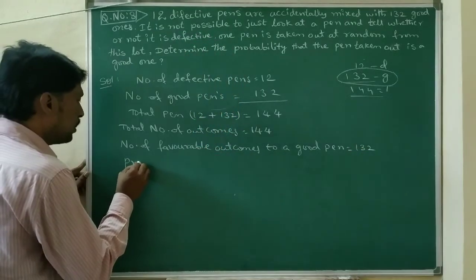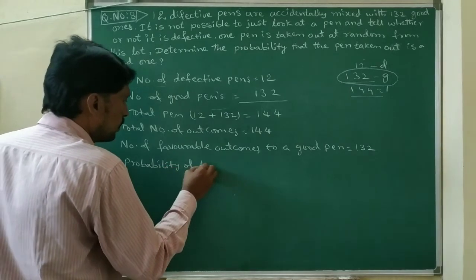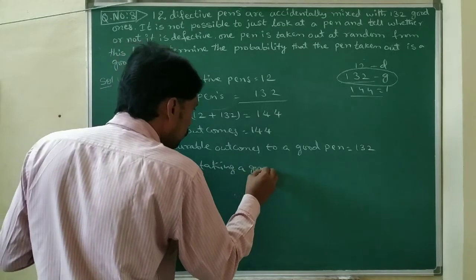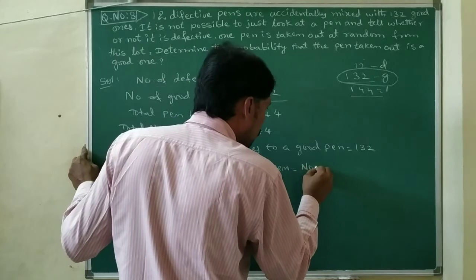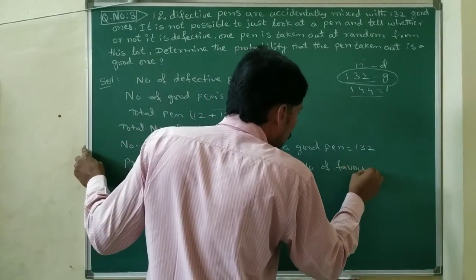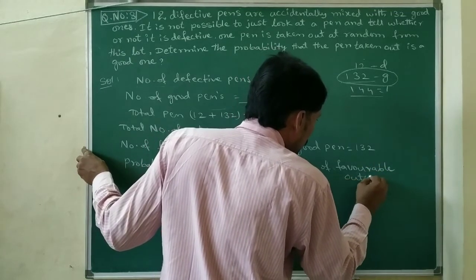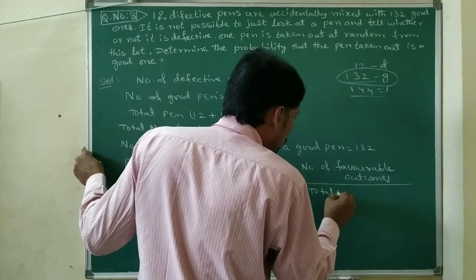Now the probability of taking a good pen equals the number of favorable outcomes by the total number of outcomes.